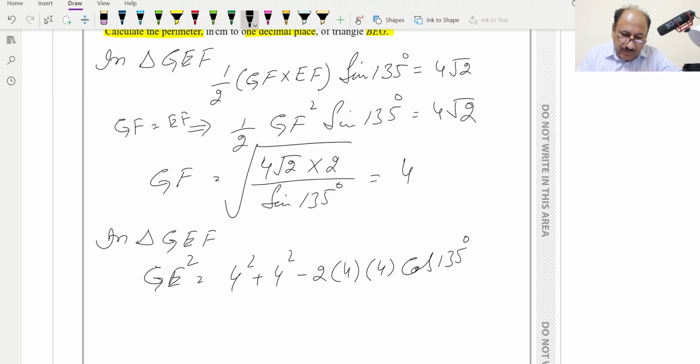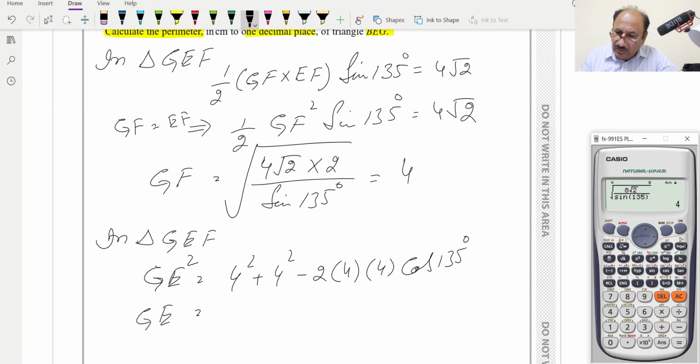So GE squared is 4 squared plus 4 squared minus 2 into 4 into 4, which is 32.